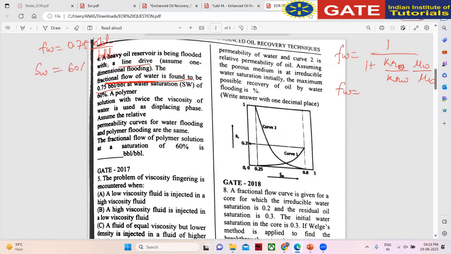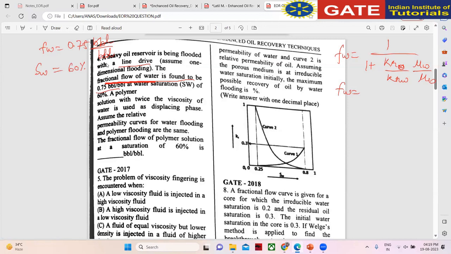A polymer solution with twice the viscosity of water is used as the displacing phase.